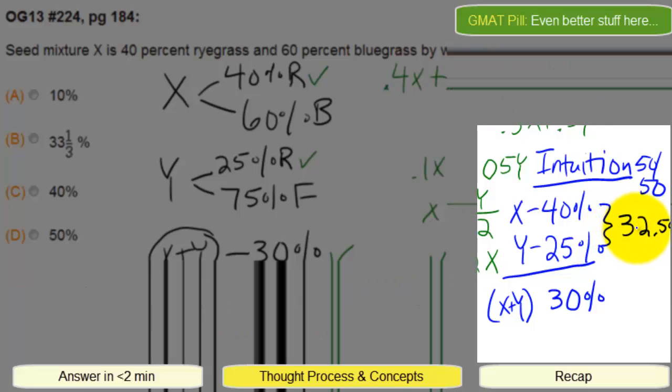If this is what you get with the 50-50 split, and you actually get 30%, then that 30% is closer to Y. That means Y must have more weighting than X does. So Y must be greater than 50%, and X must be less than 50%.